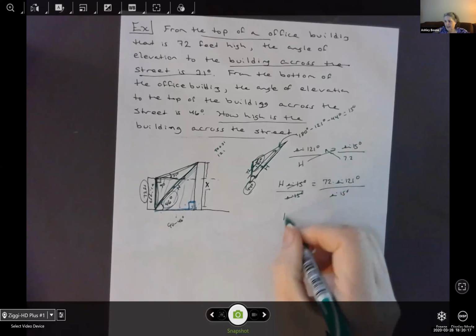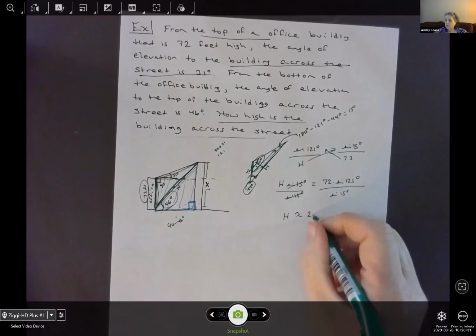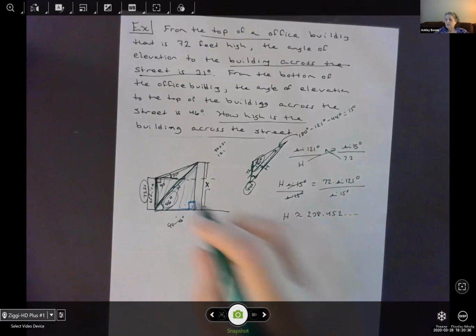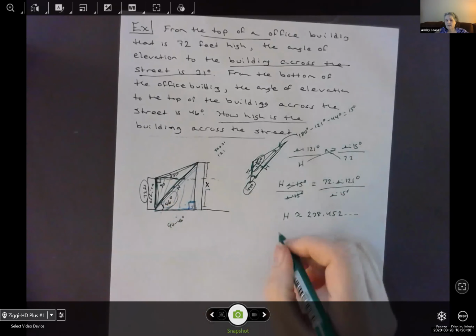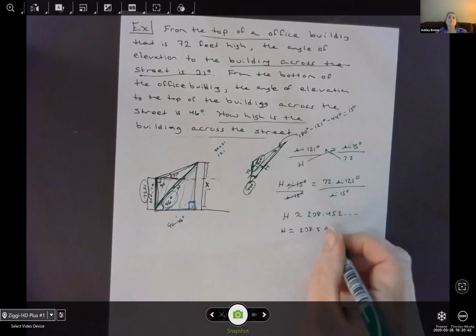So that side H is approximately 72 times the sine of 121 degrees divided by the sine of 15. That is 238.452, etc. So that hypotenuse is approximately 238.5 feet.